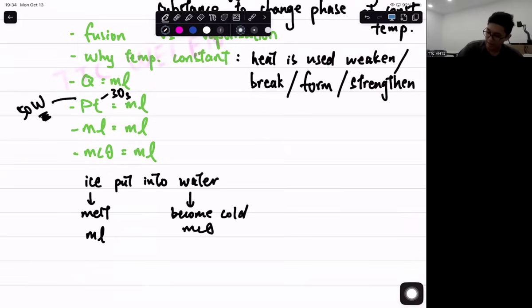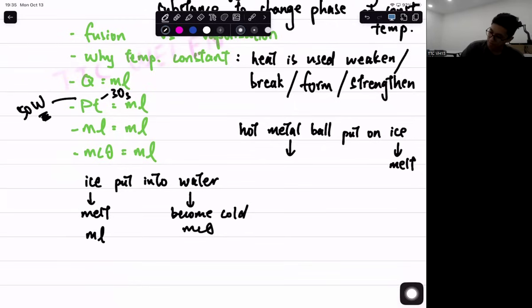Or another example, I have a hot metal ball. Hot metal ball, I put on a block of ice. The ice melts. The hot metal ball becomes, let's say, okay, I don't want to use ice again. Hot metal ball put in water. The water boils and becomes steam.